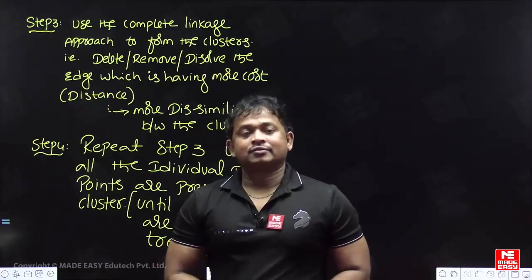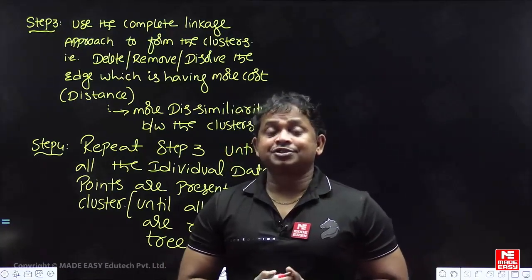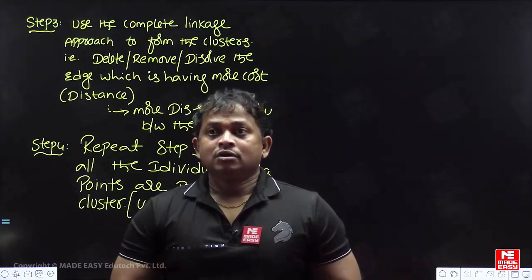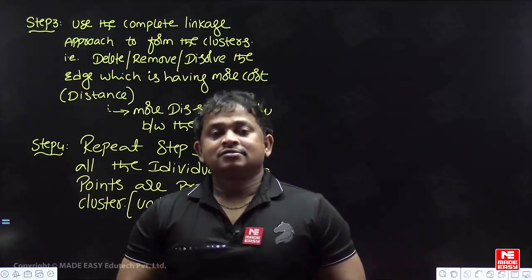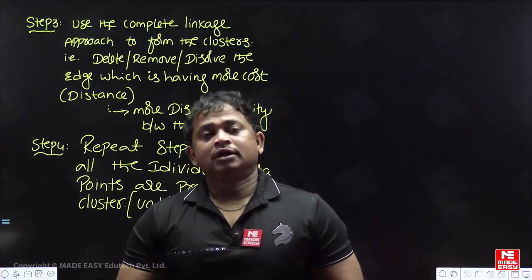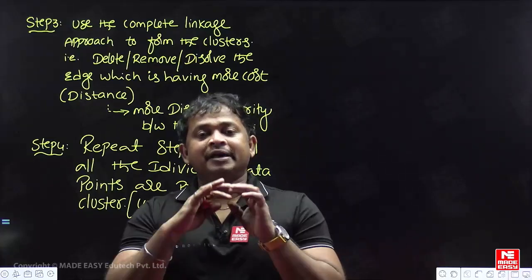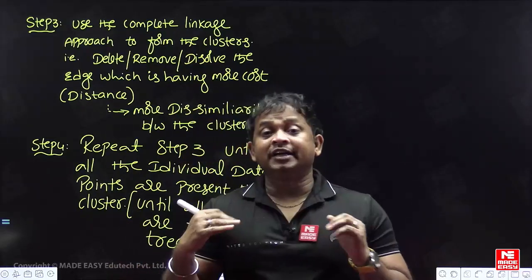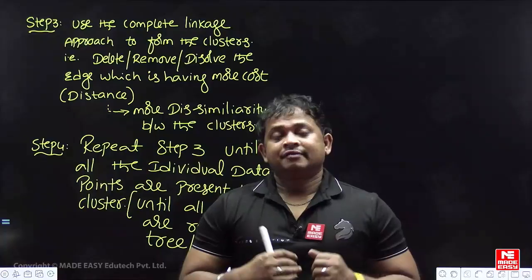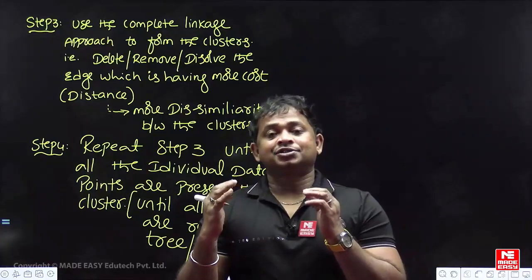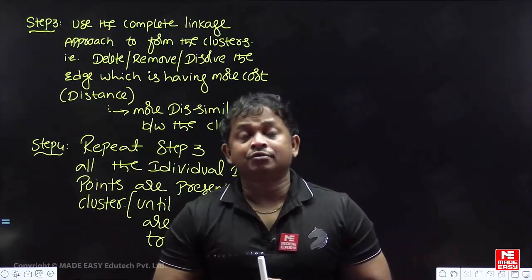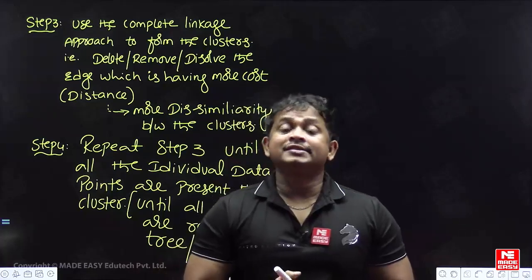divisive clustering. So in divisive clustering, we are going to form the clusters from top to bottom. When we are taking the top to bottom approach, first we have a major cluster that will be split into subclusters. When we are splitting the major cluster into subclusters, we are going to concentrate on the more dissimilarity.